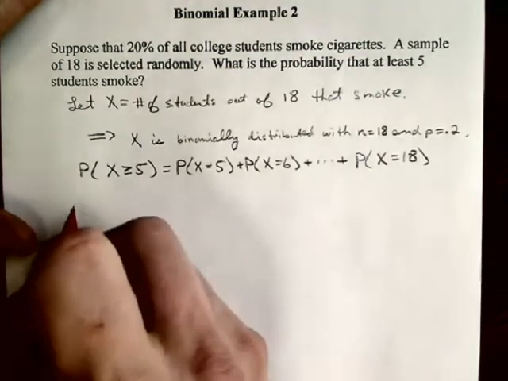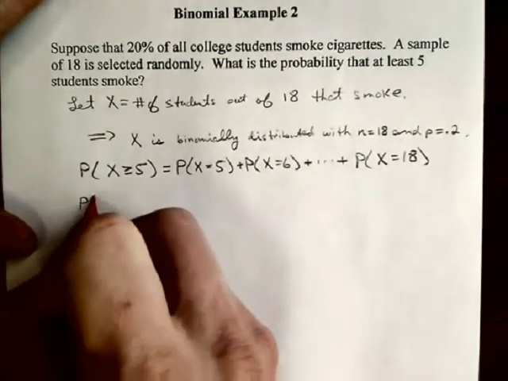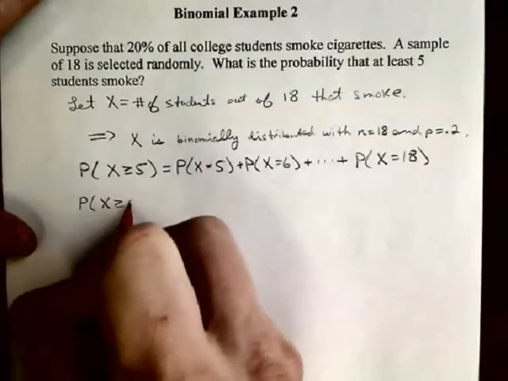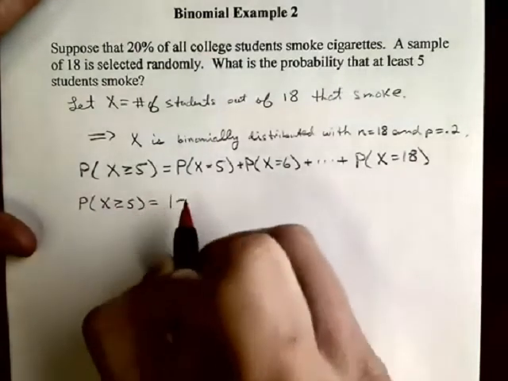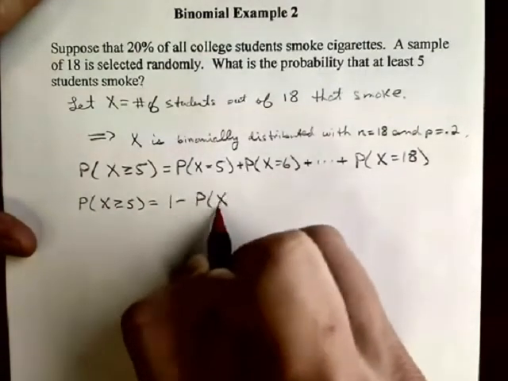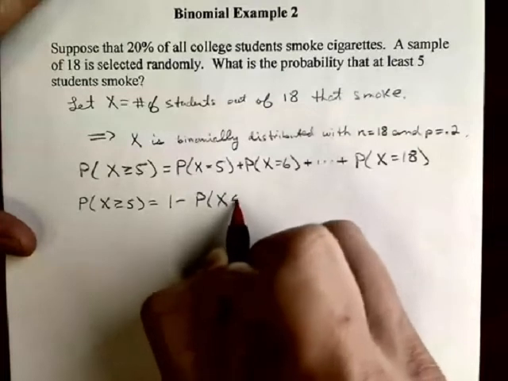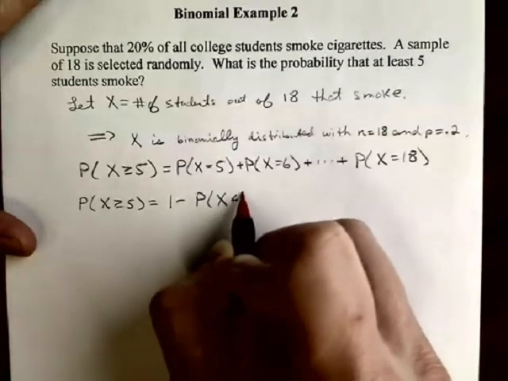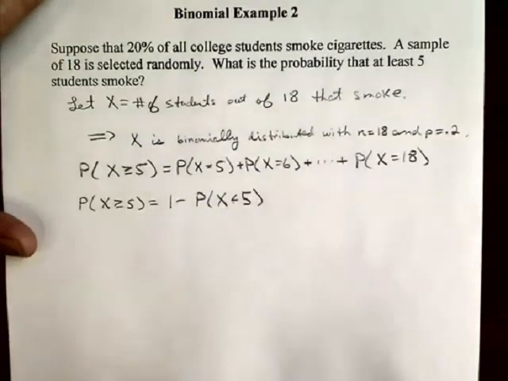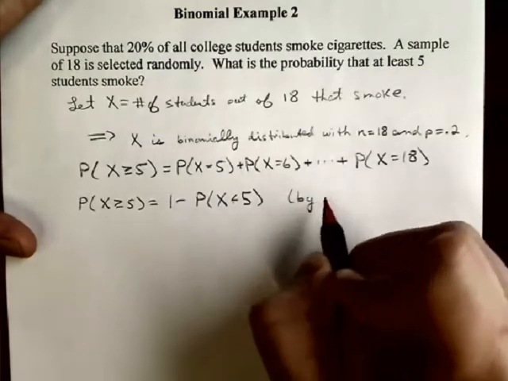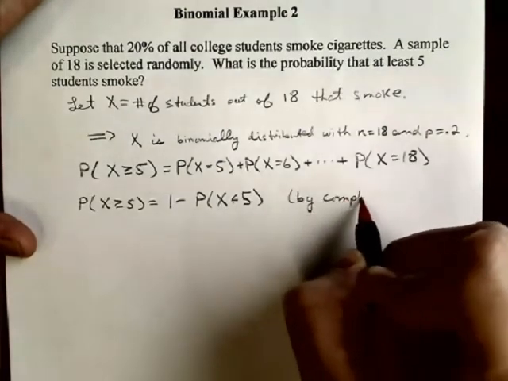So what I want to do is recognize that this is actually equal to 1 minus the probability that X is less than 5, and this is by the complement rule.